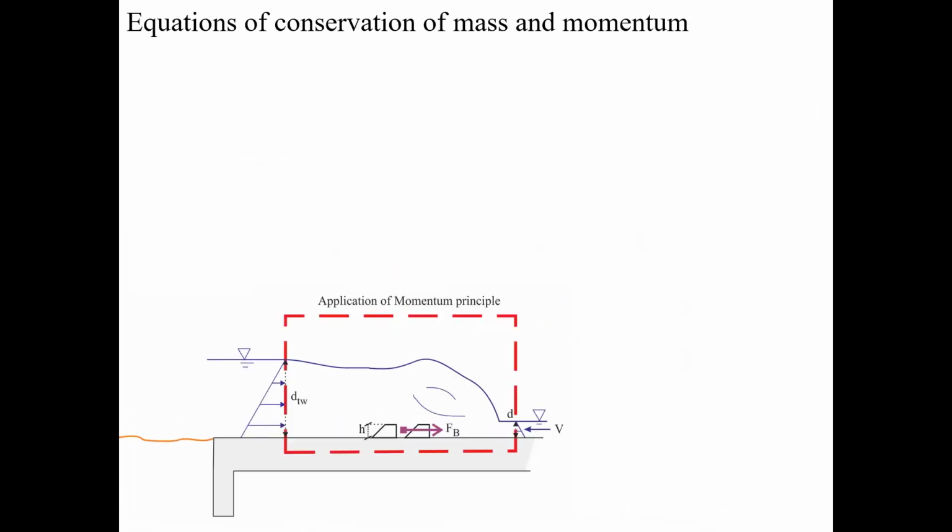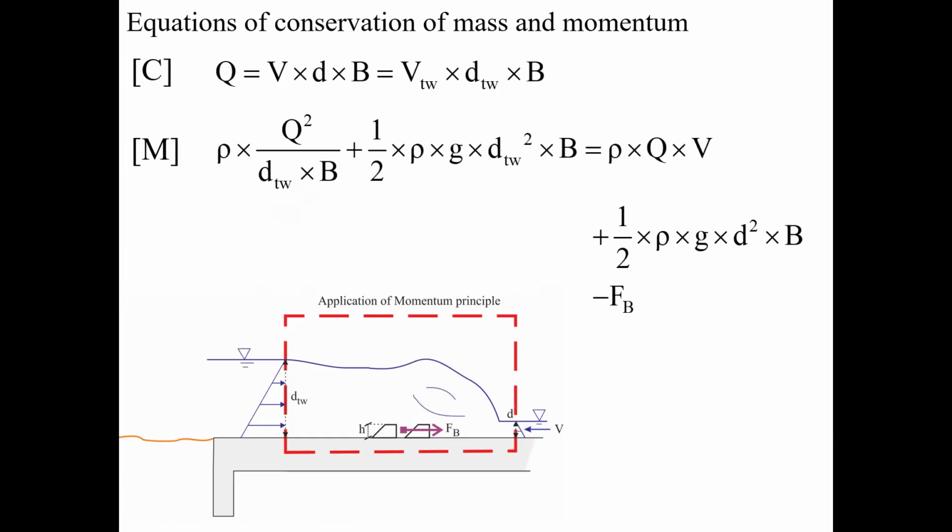We can then transform the equation of conservation of momentum by considering the continuity equation or conservation of volume. The momentum equation in the horizontal direction becomes a cubic equation in terms of the tailwater depth, with, on the right-hand side of the momentum equation, all the terms being known values.